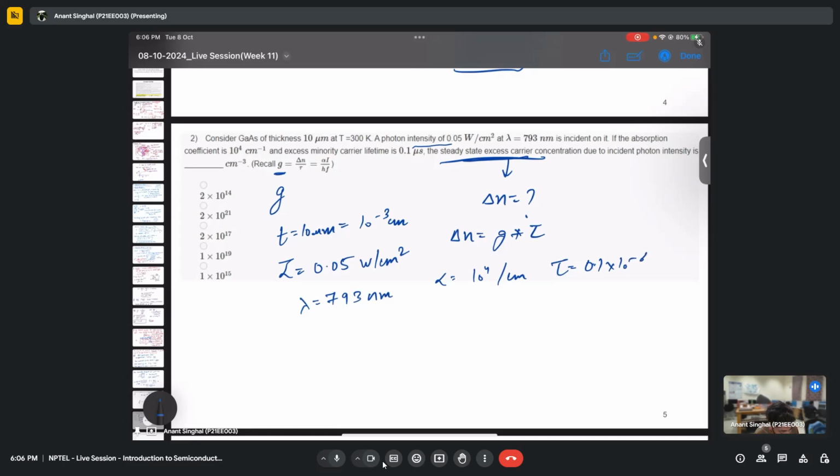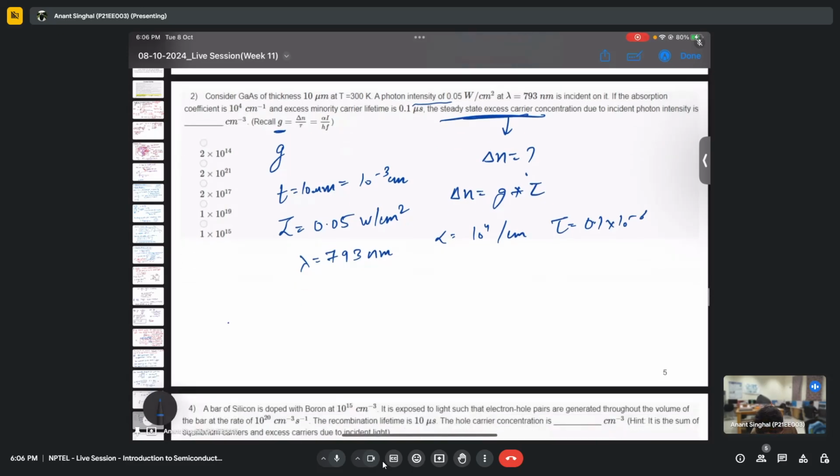So we need to find out the steady state excess carrier concentration, which is nothing but generation times the lifetime, and G we have just written, it is alpha times I by h nu, multiplied by the time constant here. So alpha is 10 to the 4 per centimeter, I is 0.05, and h nu is hc by lambda basically.